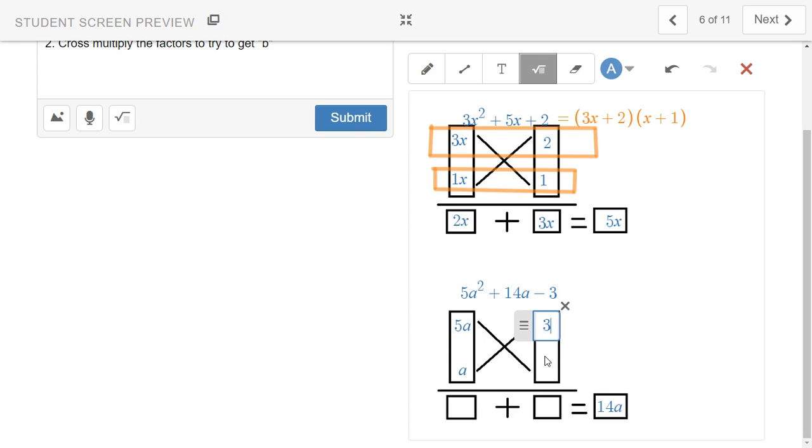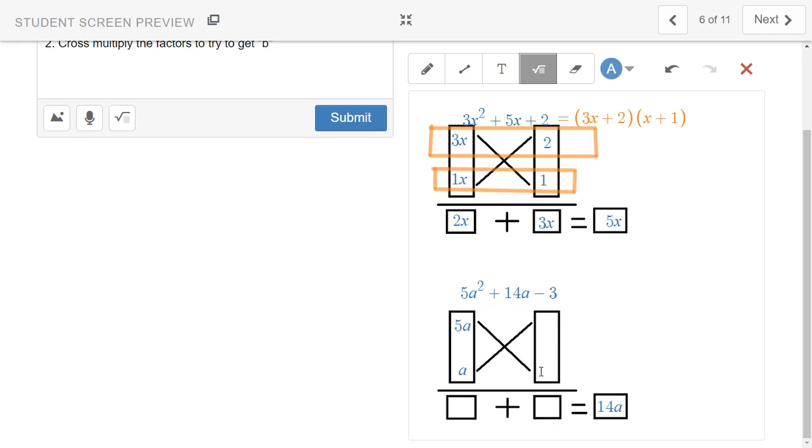Now let's say I put 3 and negative 1. I would get negative 5 and positive 3. That doesn't equal 14a. So this combination doesn't work.